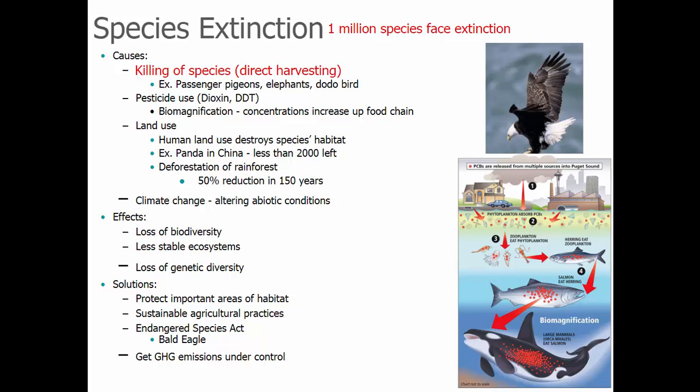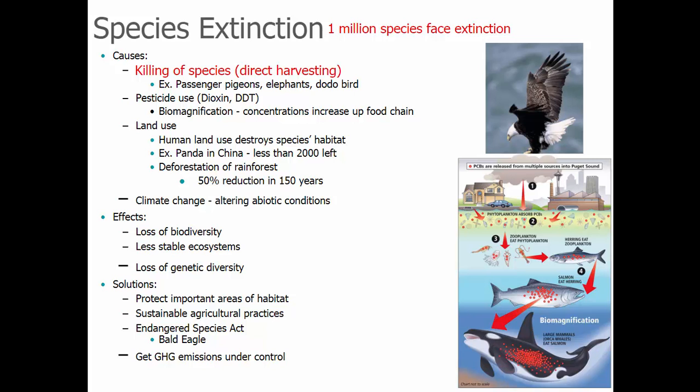When a pollutant, let's say PCBs, gets into the water, tiny little plants take up a small amount of these PCBs, or it might be lead or mercury. But then the next trophic level, the herbivores that eat those, eat a whole bunch of these microscopic organisms. So all of the lead or PCBs that was in those organisms ends up in a single herbivore. And then the next trophic level eats a bunch of those herbivores. Now they're accumulating even more of it.